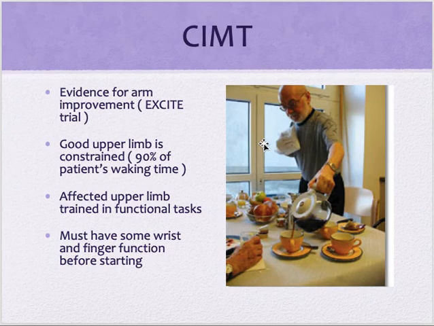It's quite normal that if someone has paralysis of the right hand, of course they will start doing everything with the left hand, and they will not even try to use their right hand.